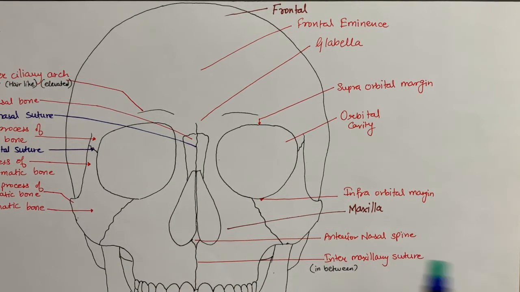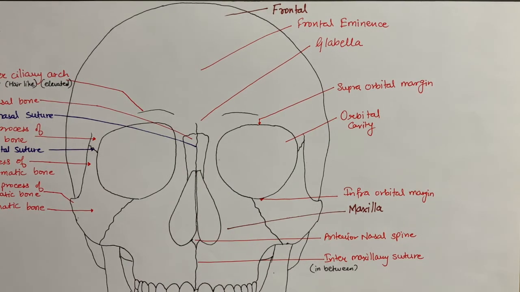The spine is placed at the level of the nostrils at the uppermost part of the philtrum, and hence the name nasal spine, even though it is formed by the fusion of the maxillary bones. It really looks like it's part of your nose, and it's spiny, so anterior nasal spine.